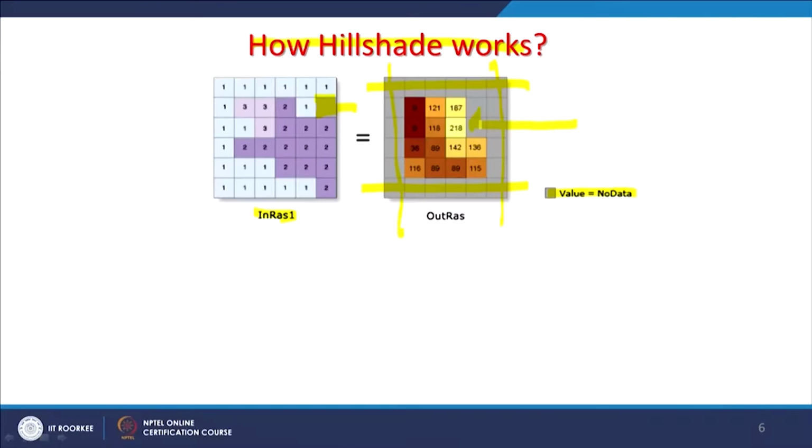Among these 8 neighbors, at least 7 cells should have values, and if more than 2 cells have no data, then no calculation will be done. And that is why what you are seeing here is no data being replaced for that particular center cell; in the surroundings, in the northern side, there were no data.